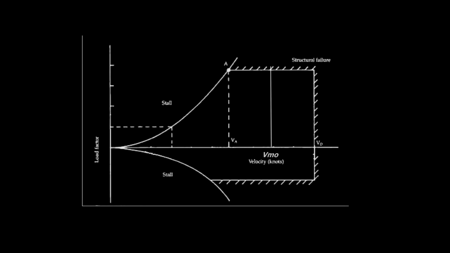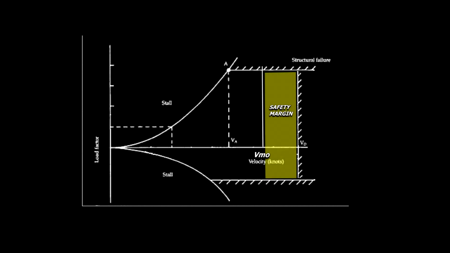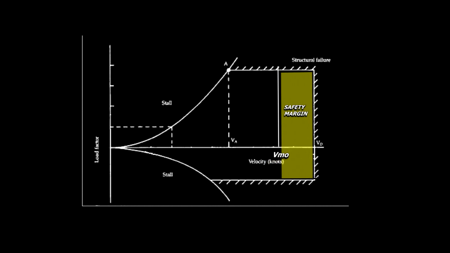Test pilots then go out to test the actual aircraft to see if they can really achieve those speeds. If experiencing the onset of the issues discussed prior to the VD established in the wind tunnel, VD is then lowered, thereby affecting and lowering the aircraft VMO through safety margin calculations. Or the airframe is modified to achieve a higher VD with success.